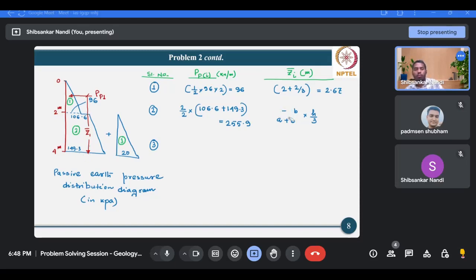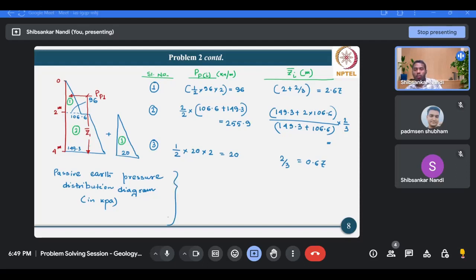So your A is 149.3 plus 2 into 106.6 divided by 149.3 plus 106.6 into 1. So please calculate this one. Well, we are calculating the third component, so it will be half into 2, 20, and its CG will be 2/3, that's 0.67.